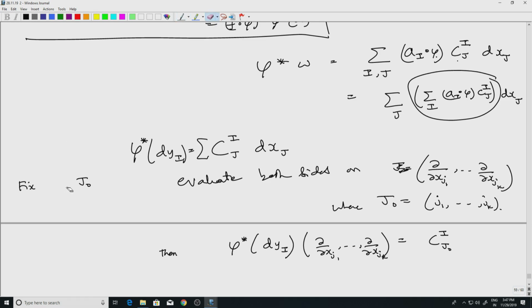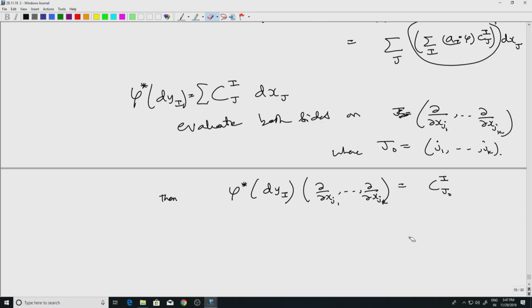So c_{IJ0} will be this, and I am interested in whether this thing is a smooth function or not, the left hand side. Well, what is this after all? This is more of the same thing.